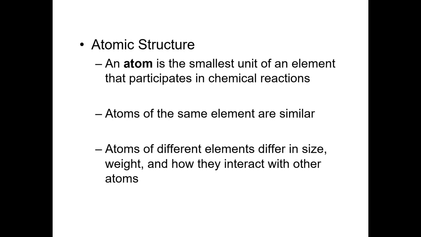Atoms of different elements are different in size, weight, and how they react with other atoms. So atoms that are all found in carbon react similarly, but they react differently than those atoms found in oxygen because they're different. They're in a different element.